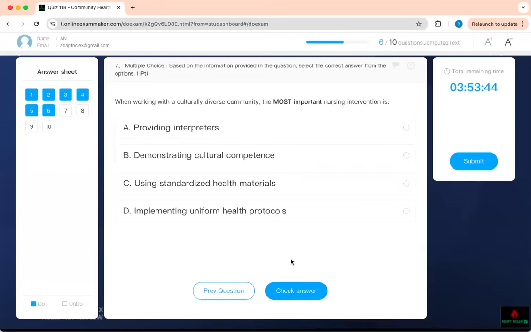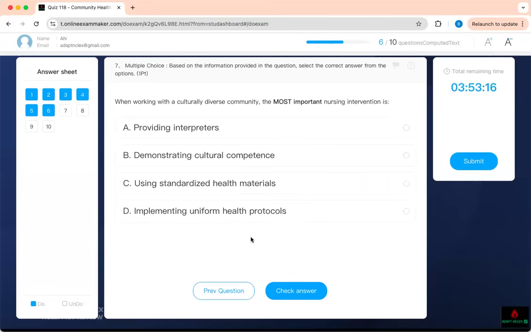When working with a culturally diverse community, the most important nursing intervention is to be culturally sensitive as much as possible. Providing interpreters is still not going to be more important than demonstrating cultural competency, so that you can address individual culture in terms of your treatment. Using standardized health materials is important.